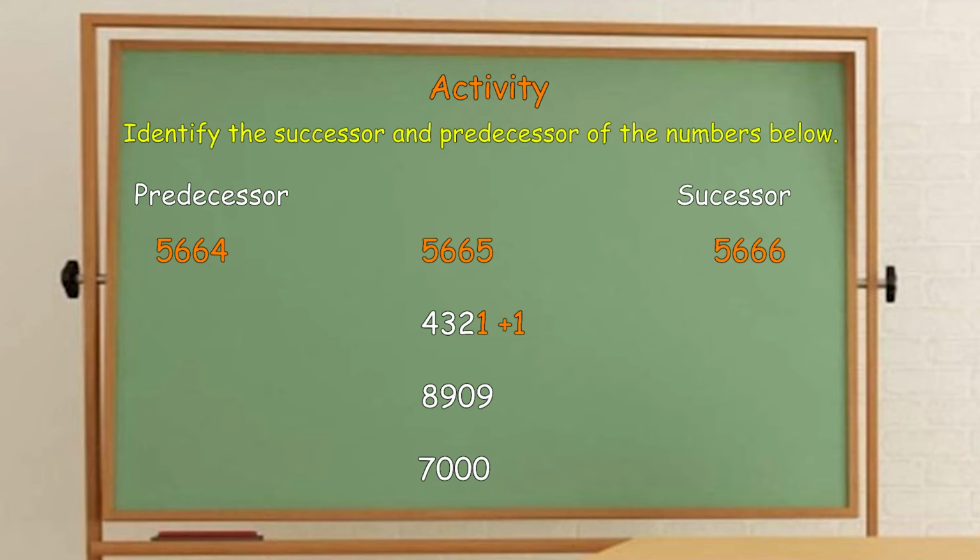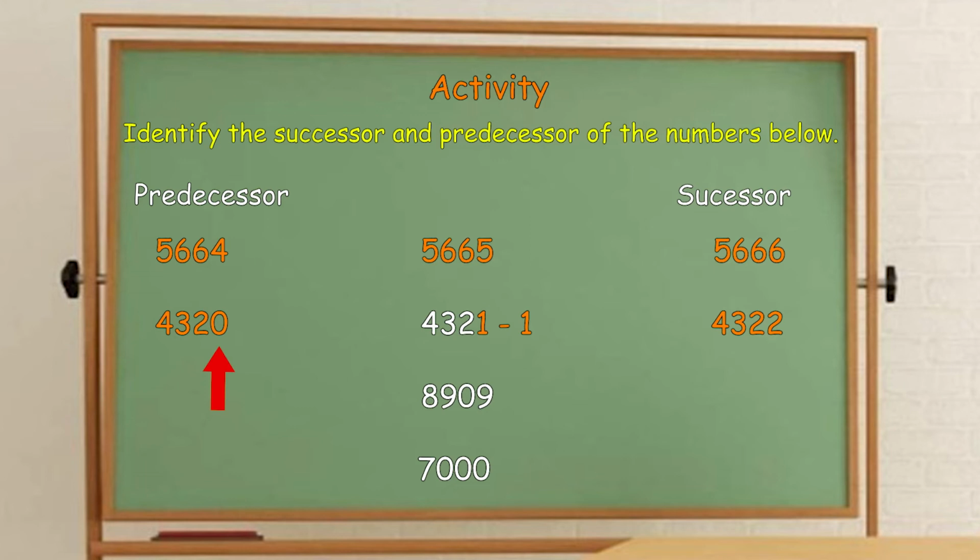We add 1, that will give us 2 because 2 comes after 1. Therefore, the successor for that number would be 4,322. While the predecessor for that number, instead of adding 1, we are subtracting 1 from 1, which would give us 0.